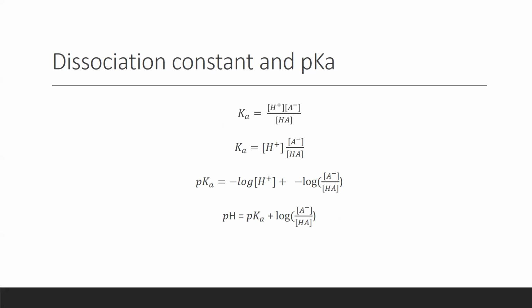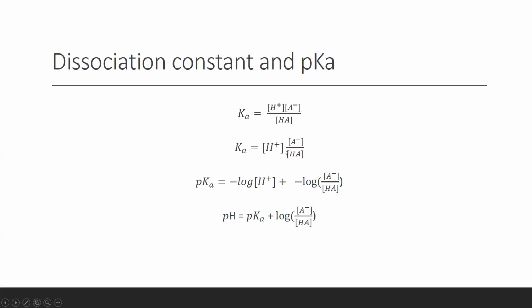Now, our Ka equation can be rearranged to describe some of these features more meaningfully. So if we take the H plus off the top and just do H plus times A minus over HA, and then we take the minus log of all of these components and call the minus log of the Ka the pKa. The minus log of H plus obviously becomes pH.